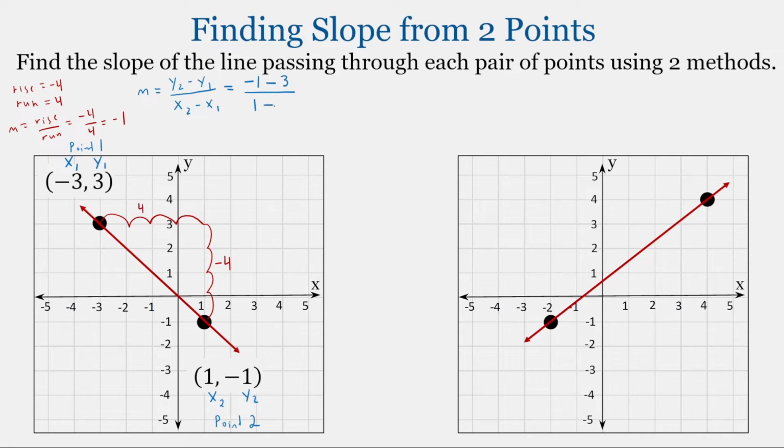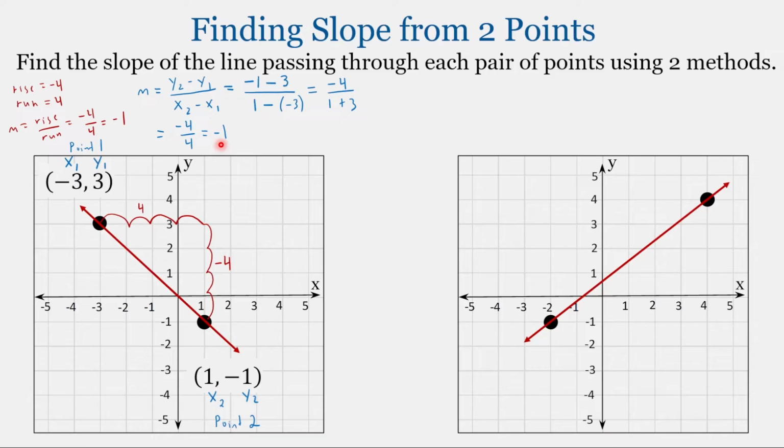Then minus, then x sub 1 is negative 3. Negative 1 minus 3, that's negative 4. And then we have 1 minus a negative 3, so that's 1 plus 3. So this is equal to negative 4 over 4, which simplifies down to negative 1.